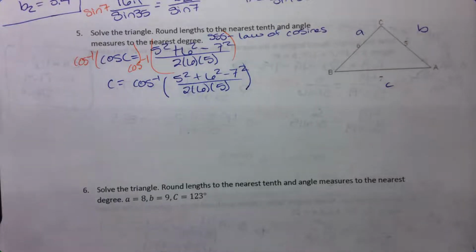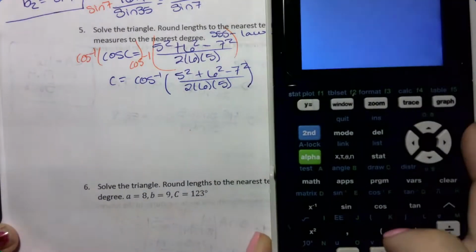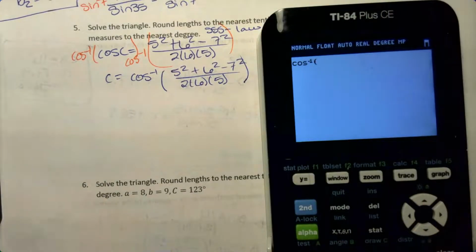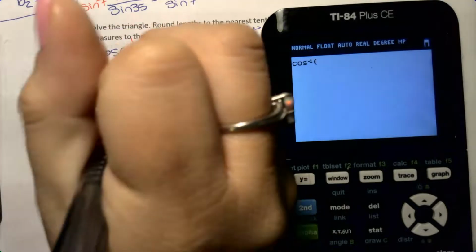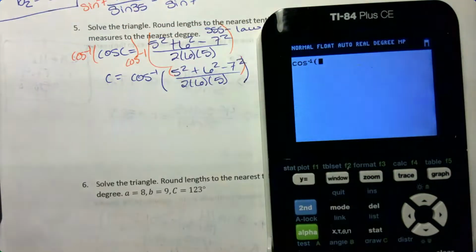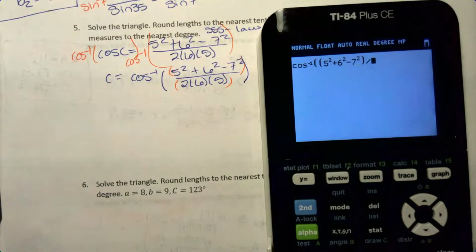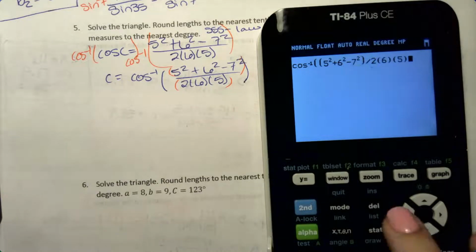And then I want to go ahead and type this into my calculator. So I'm going to go second cosine. I'm going to type in everything in the paper. I'm going to type my whole numerator in parentheses. So I'm going to have 5 squared plus 6 squared minus 7 squared divided by, and then my whole denominator I'm also going to go ahead and type in parentheses. So I'm going to have 2 times 6 times 5.